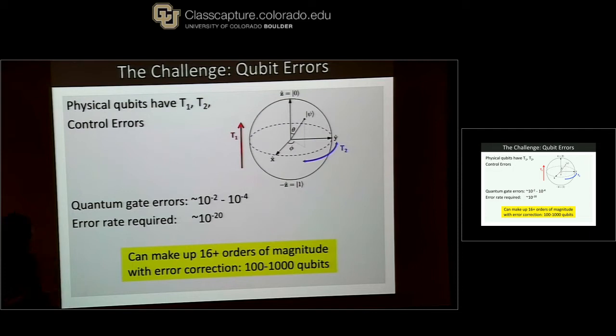Now, I want to differentiate this discussion from typical discussions you'll hear on error correction when you go to conferences. There are lots of different ideas for error correction right now, and experimentally, we haven't really gone very far.